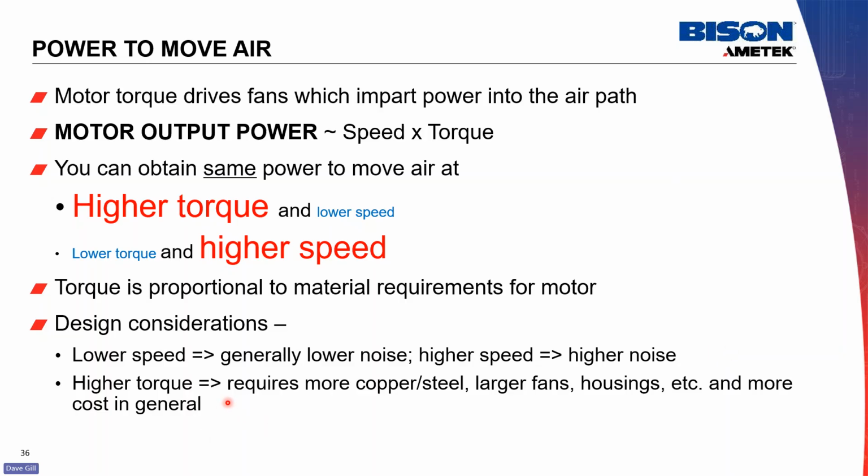But higher torque requires more copper and steel. It requires larger fans, housings, etc., and more cost in general. So if you have a high torque requirement, then you'll probably pay more for it. So you need to balance these considerations.